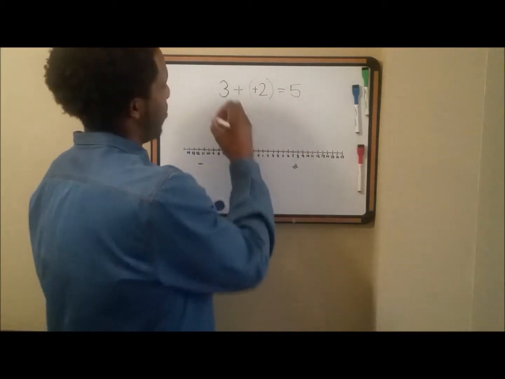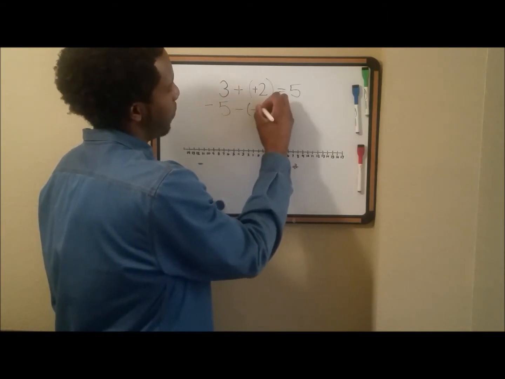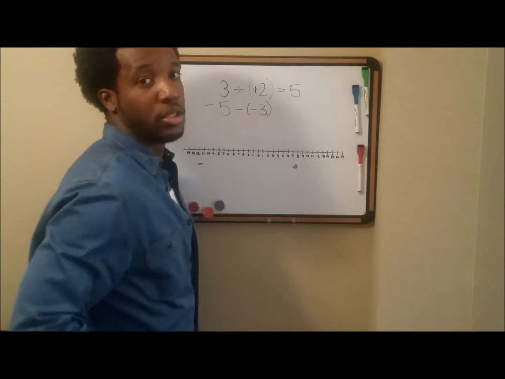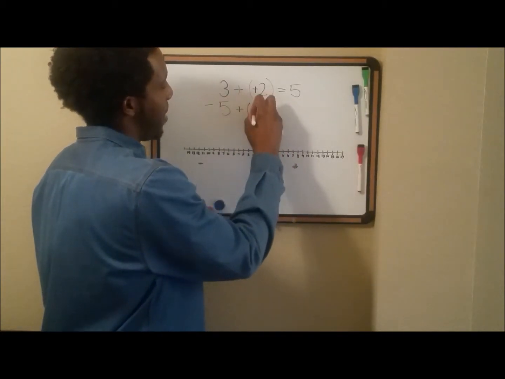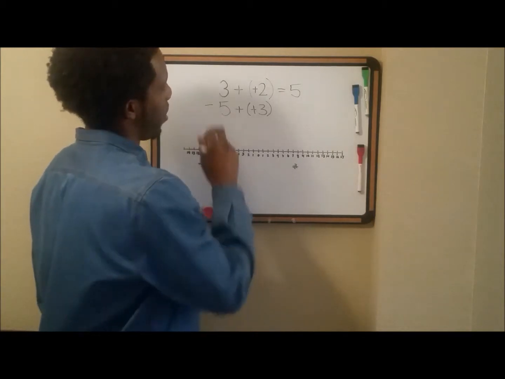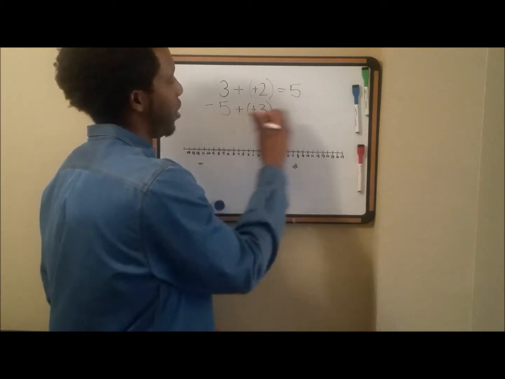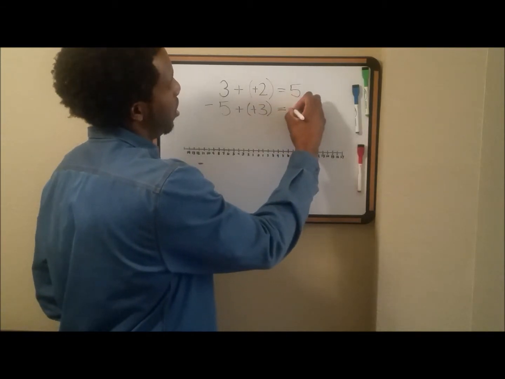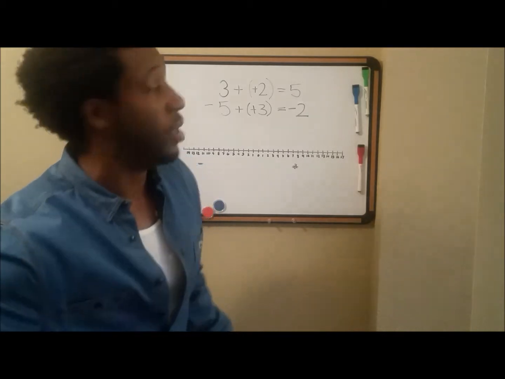So what if I had this right here? So I got minus, negative, so I turn it into plus, positive. Sign right here is negative, sign right here is positive. So I subtract and keep the sign of the bigger number. Simple. Okay.